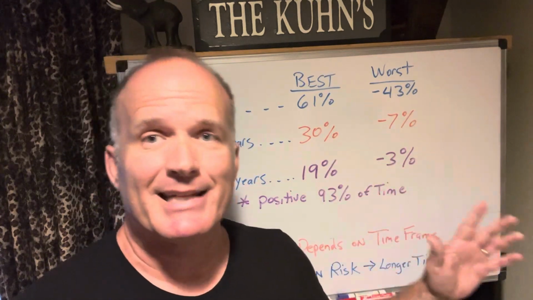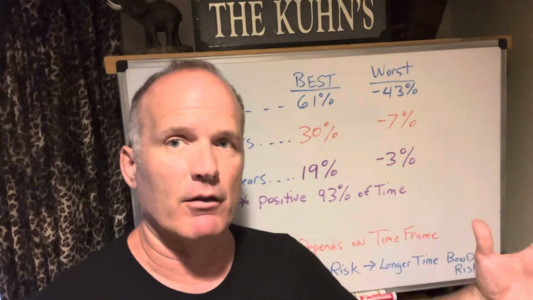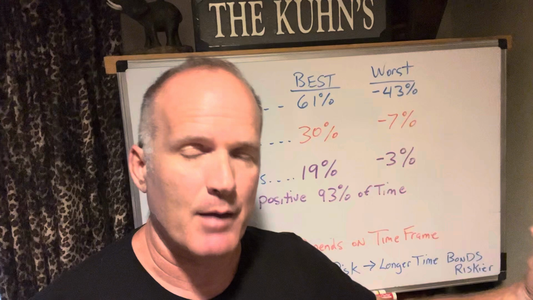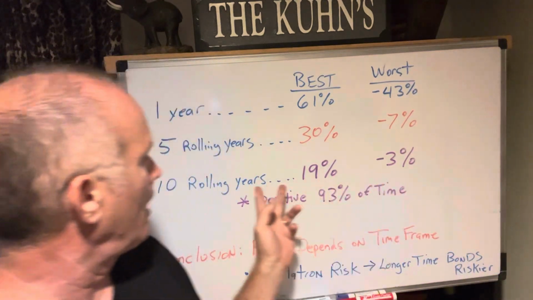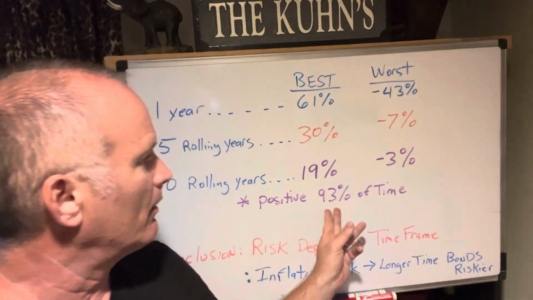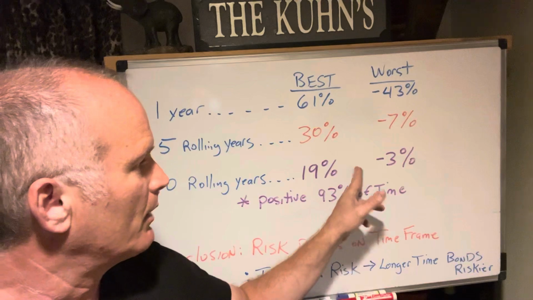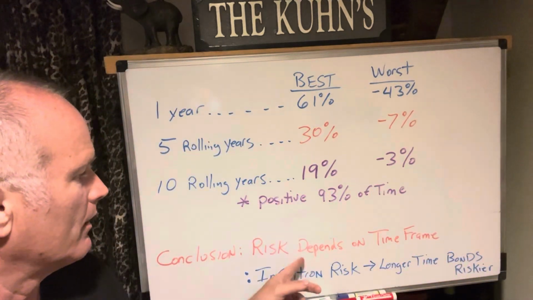I really like 10, and that's why I'm 80-20 right now. I wanted to have 10 years out of the market in fixed type investments so that I can be playing with these numbers: much lower risk, high probability of it being positive, high probability of it being somewhere around 10% when I look at long periods of time.